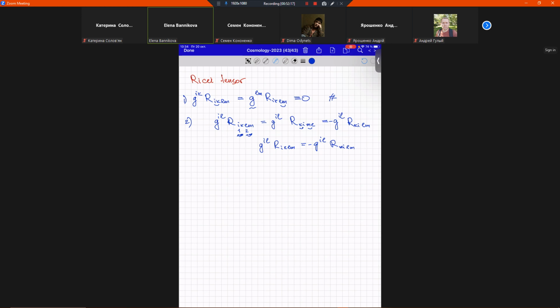And usually we like something unique. So finally we obtain a unique tensor which is not 0. Other combinations will be 0, and it's not interesting for us.